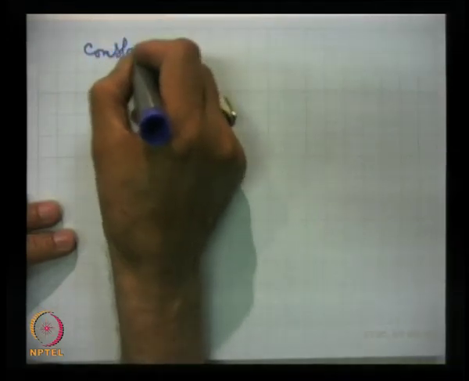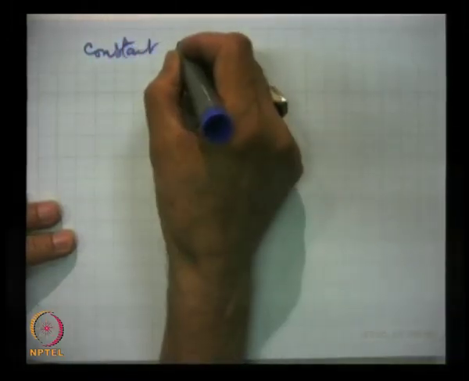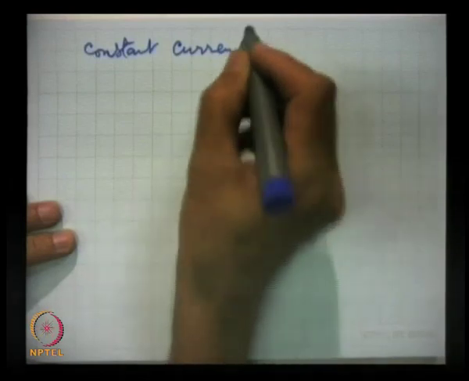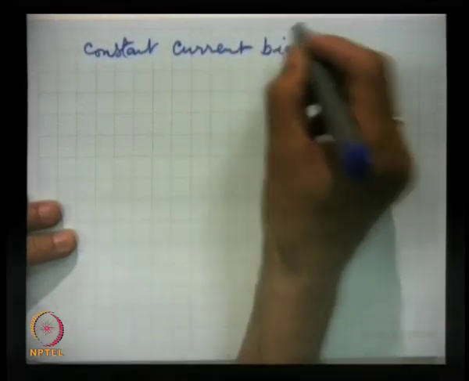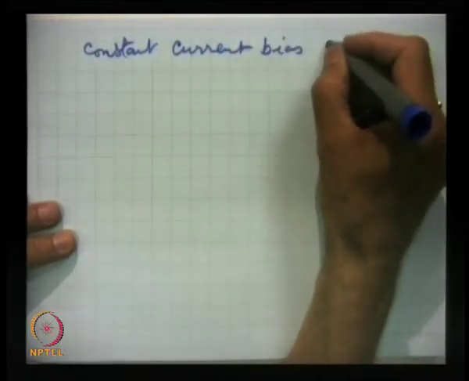Now, we will talk about the constant current source, constant current bias circuits.